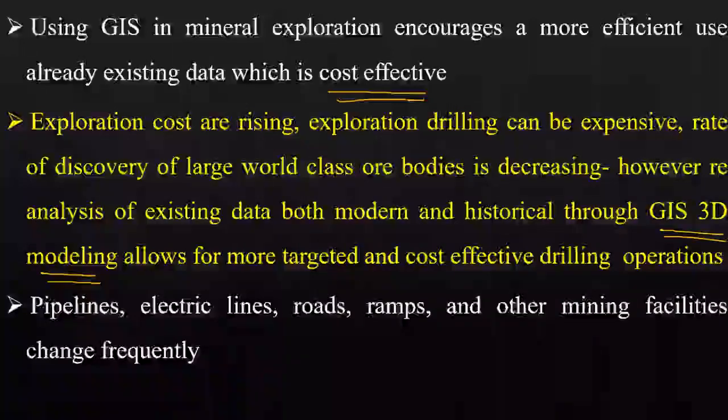Also, the pipelines, electric lines, roads, ramps and other mining facilities change frequently. So because they are changing frequently, you can fix your least cost effective path or least time effective path.